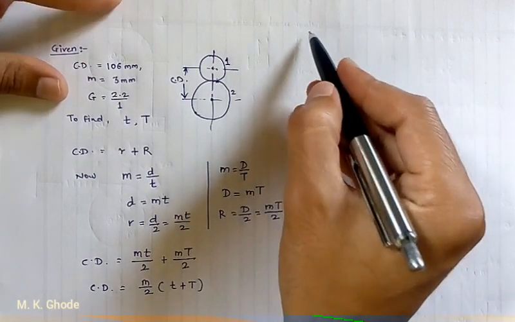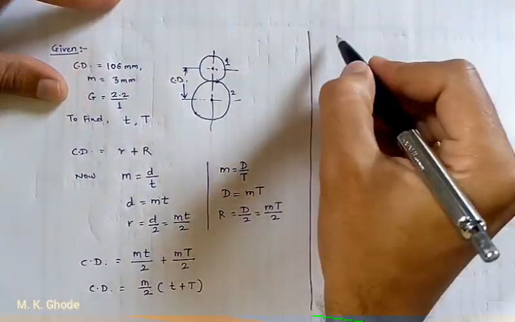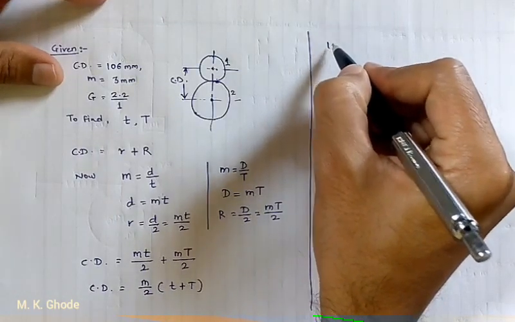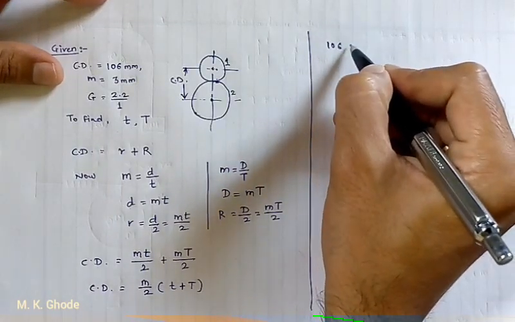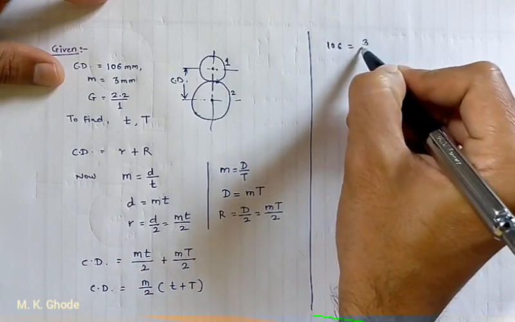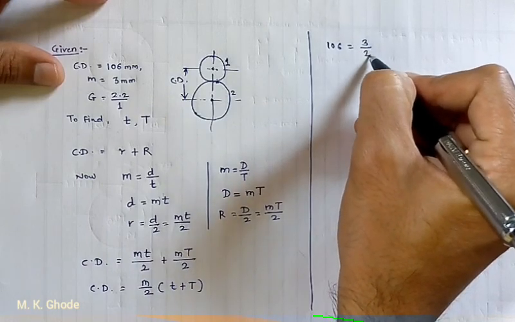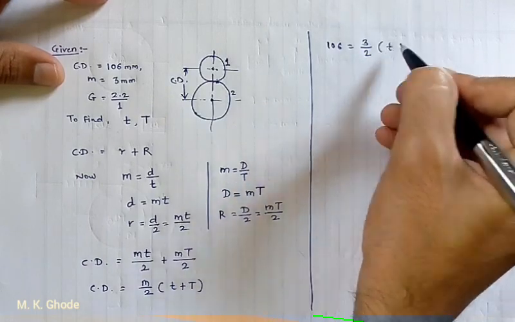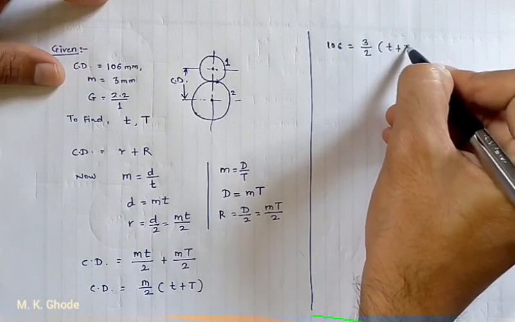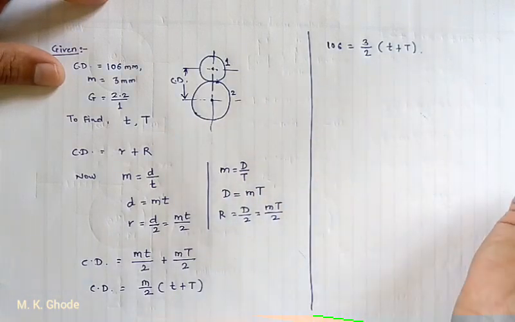Now the center distance is given as 106 mm. So 106 is equal to module 3 by 2 into small t plus capital T.